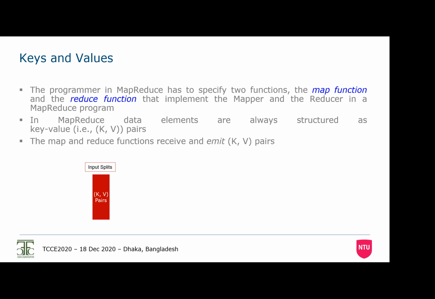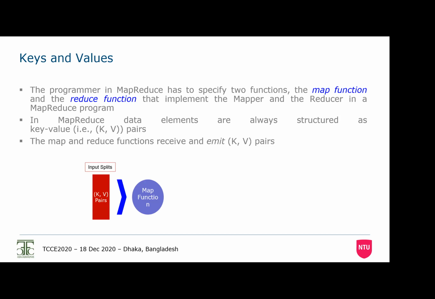Initially, the input big data is divided into small chunks, also called input splits, and they are divided into pairs of keys and values.